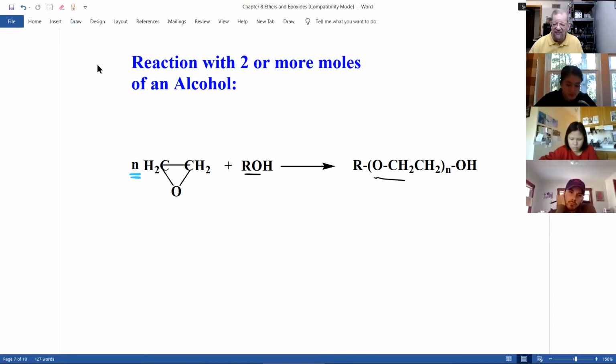And notice I have the bracket here, and N here is equal to the number of molecules or moles of ethylene oxide, just like I had before on the previous page. So this is a way of making very interesting molecules. Now, these polyether alcohols find their way in a lot of products you use in your daily life, like a lot of your hair conditioners, shampoos, and other personal care items.